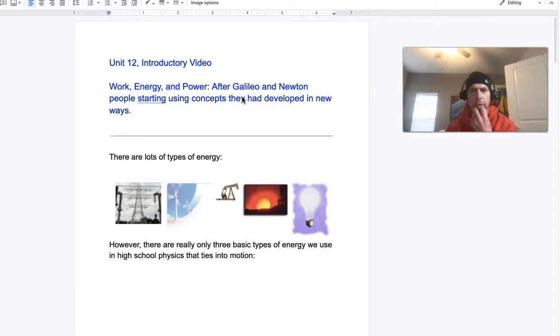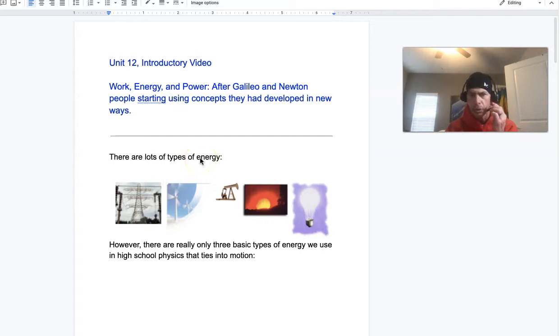And that's what the next couple units will really be about. This Unit 12, on work, energy, and power, and then Unit 13, on a concept called momentum. Before we get into that, let me talk about this middle one first, energy.